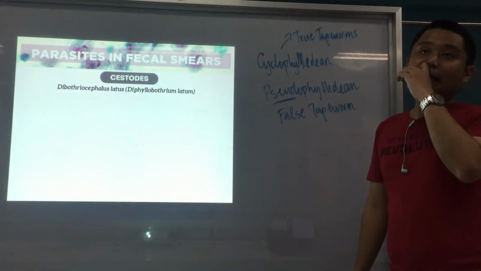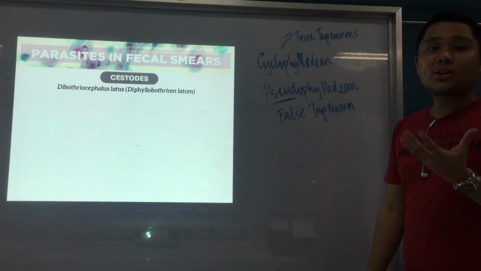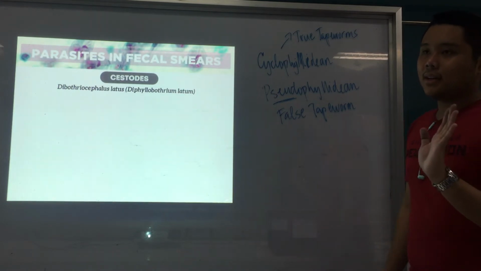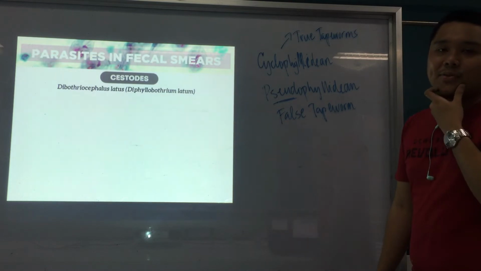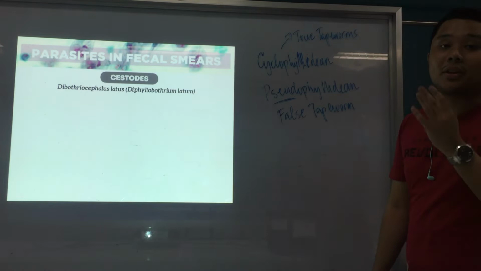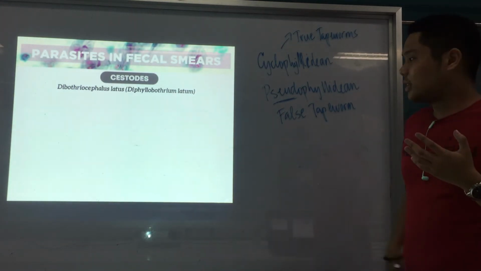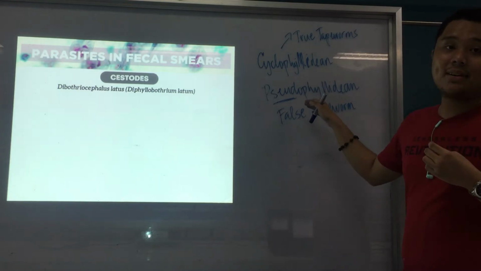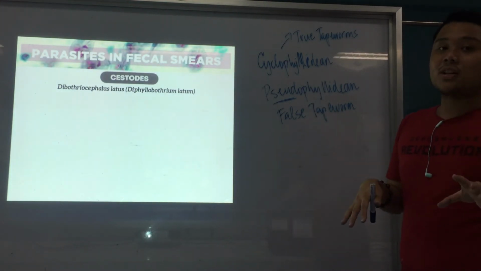But its adult composition is still that of a tapeworm. But its life cycle, its infective stage, and the different hosts and all that, they're really similar to a trematode, and even its egg. So that's why it's called a false tapeworm or a pseudophyllidean. So just a brief introduction.